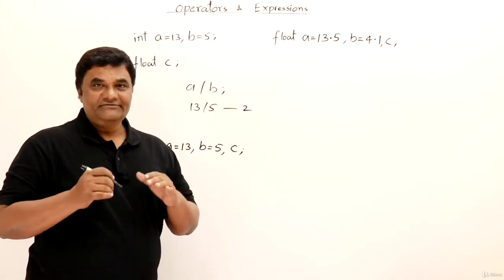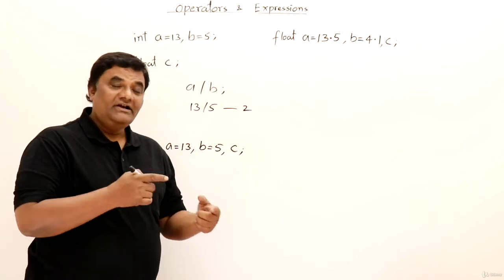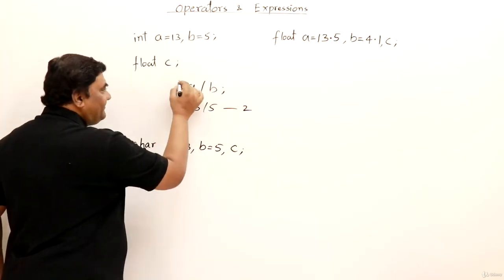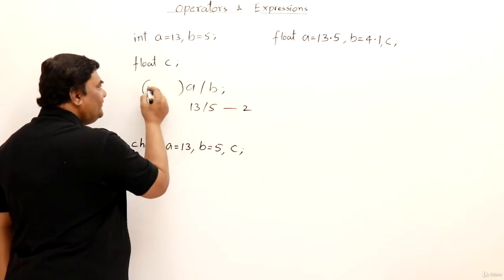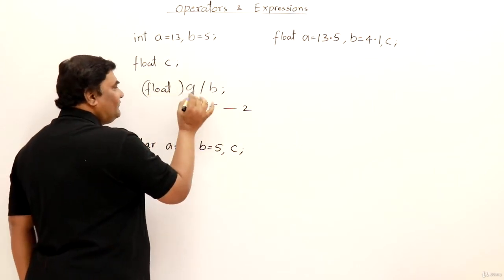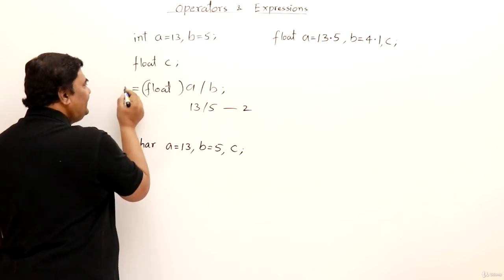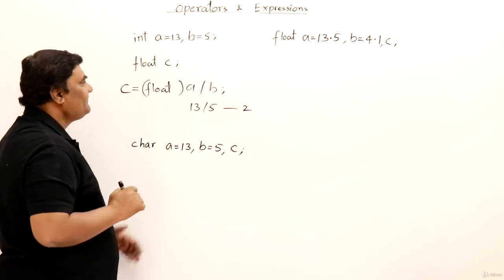So we want the result in float, but these two are integers, we won't get it. But we have to typecast it to get a float. So what is typecasting? So we can change the data type of this result. This is 2. If you write that we want it to be a float, so the actual result that we get, that is 2.6, that 2.6 will be given to us, and the variable to take this should be float type. So I have taken C, that is float type here.